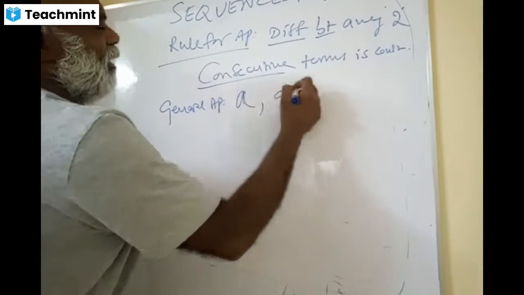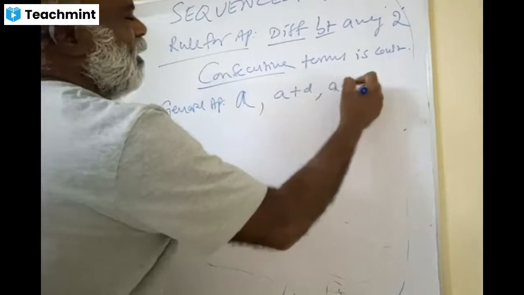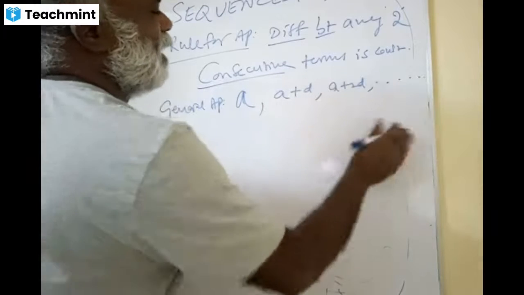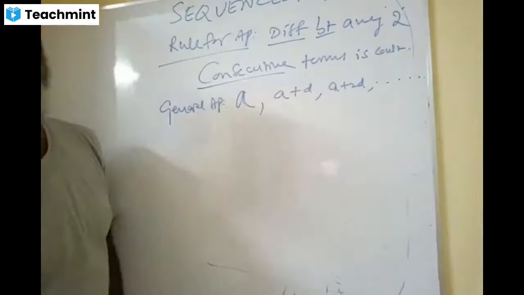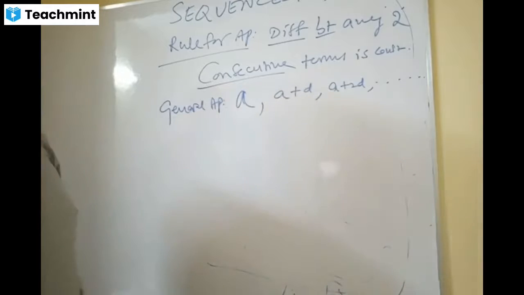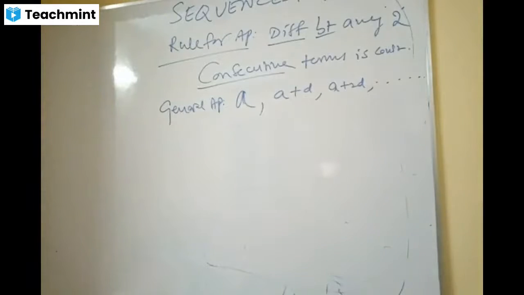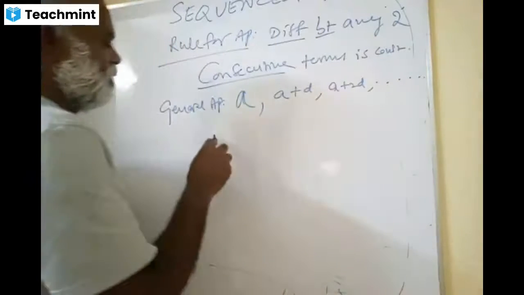Small a, a plus d, a plus 2d, etc. So it is called a general AP. Yes, friends, this is called our first term.